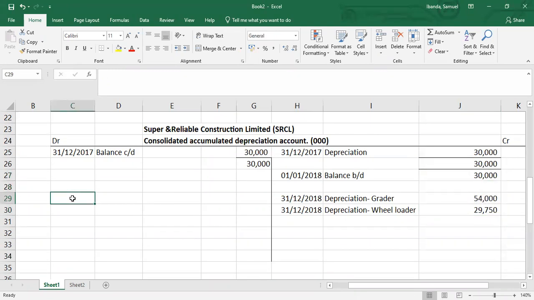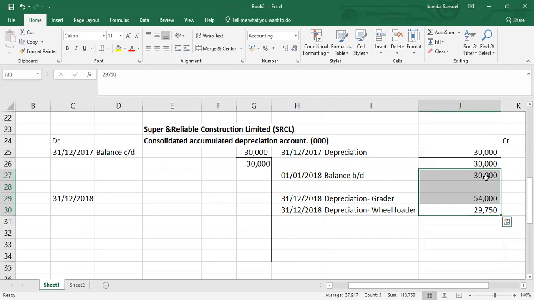So on 31st December 2018, our balance carried down will be 113,750.